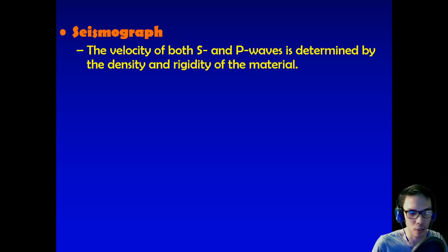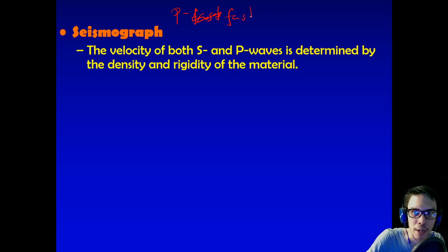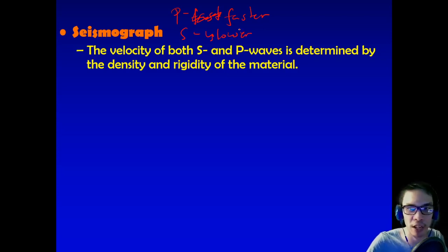I forgot to mention back on the first slide that P waves are faster than S waves. P arrives earlier, while S is slower in terms of velocity. Not only that, the P and S waves are affected by the factors of the material they pass through.